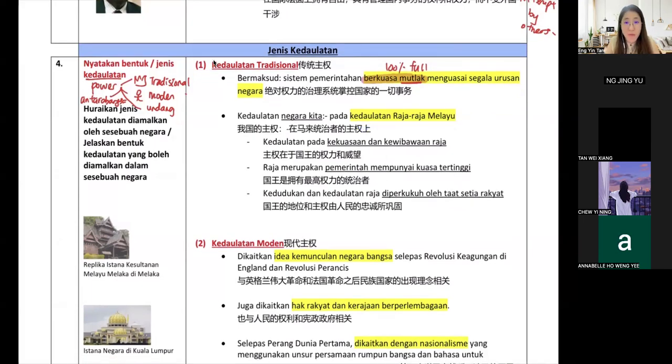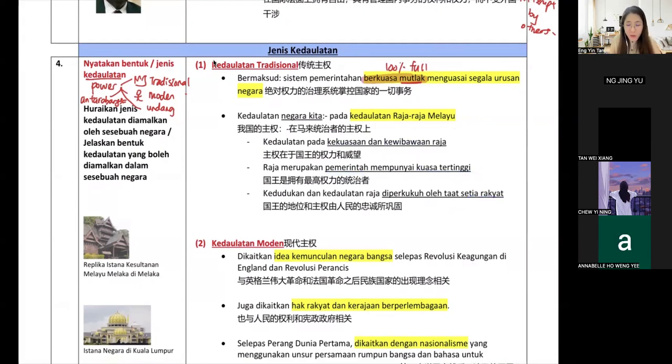Kedaulatan Raja-Raja Melayu. So therefore, you can further elaborate by saying that our Raja has the power and the capability to rule the government. So therefore, the king acts as a pemerintah yang mempunyai kuasa tinggi. So everybody, citizens like you and I, we need to be loyal, taat setia.